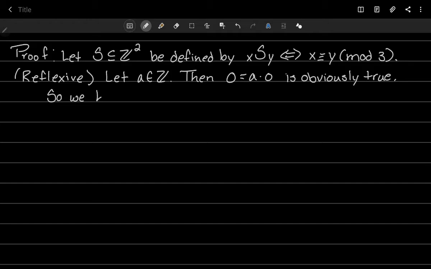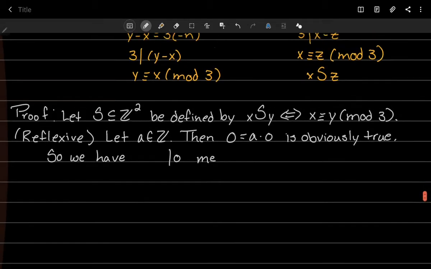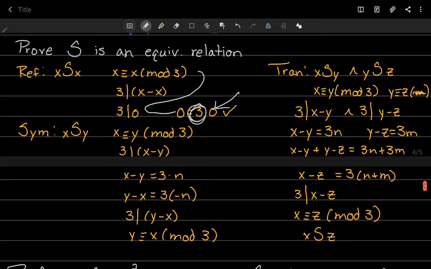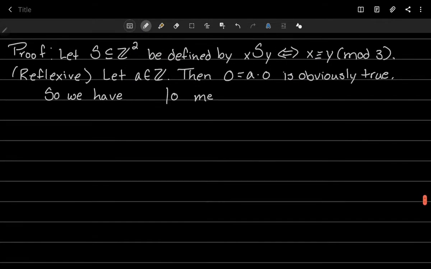So we have a divides 0. Oops, sorry. What did I do? Brain fart moment. I need a 3 there, not an a. That's what happens when I can't see my scratch work while I'm writing. Easy fix. So then 0 equals 3 times 0 is obviously true.